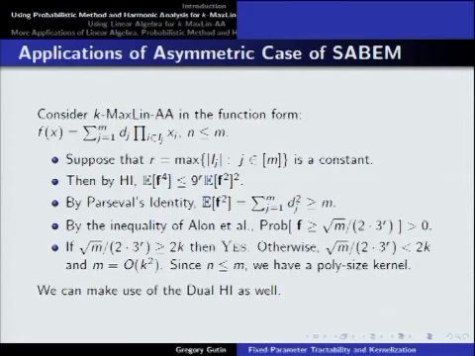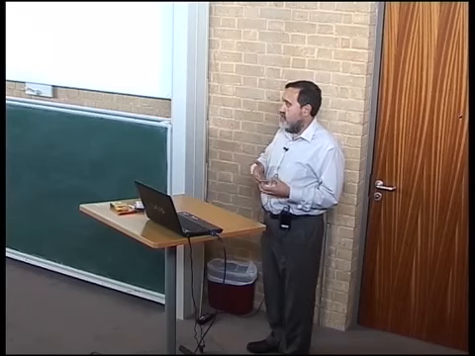Now, of course, we can also make use of that dual hypercontractive inequality, which uses rho, the maximum number of appearances of a variable. When can we use it? If no variable appears in more than rho equations. You see why we call it dual, in the sense that we have duality here.